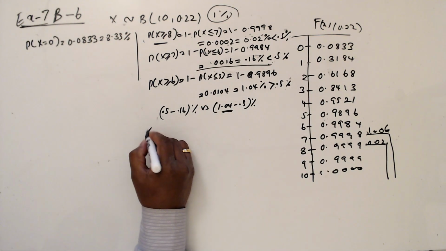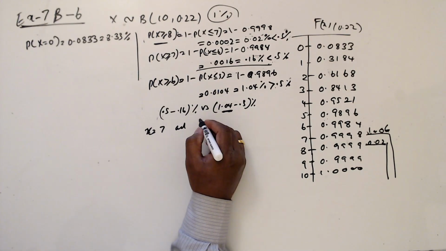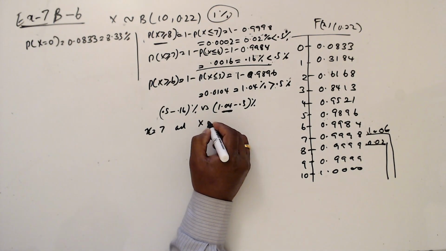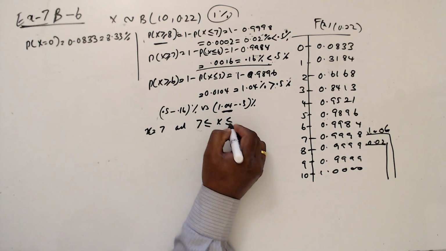Then the critical value is x equals 7 and the region is x greater than or equal to 7.